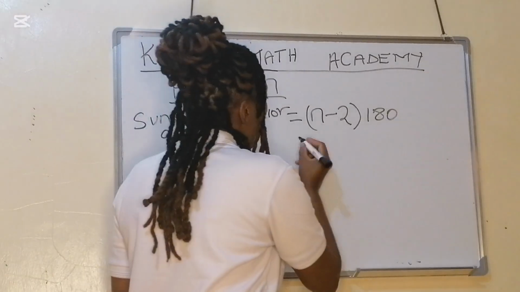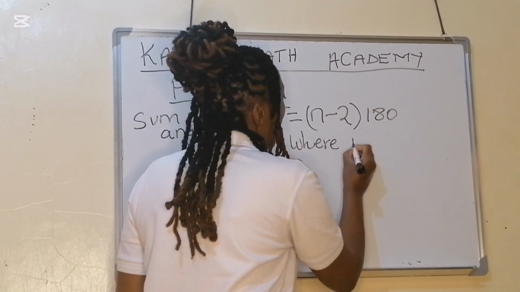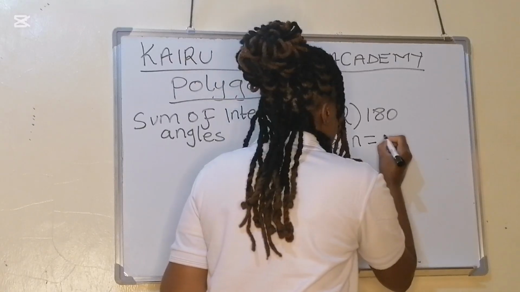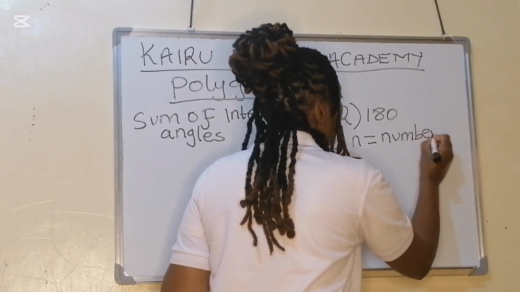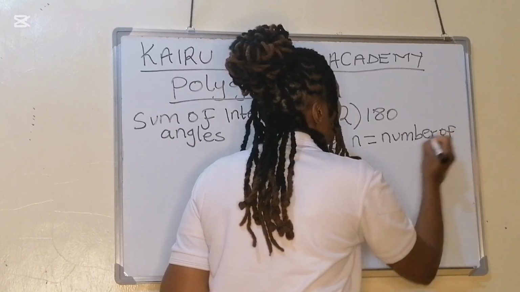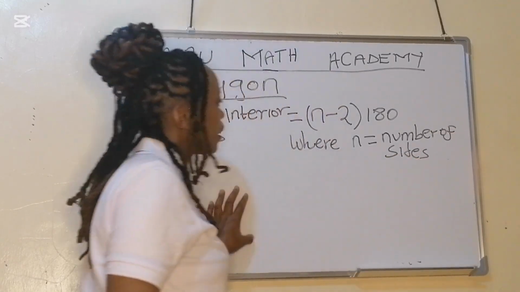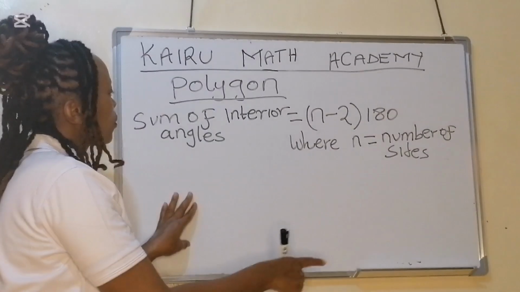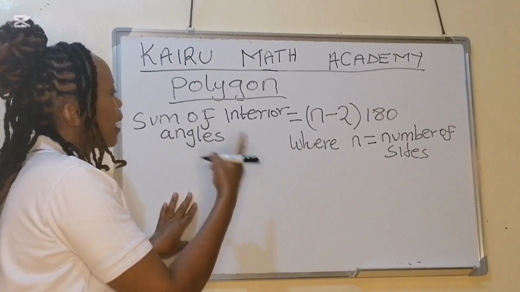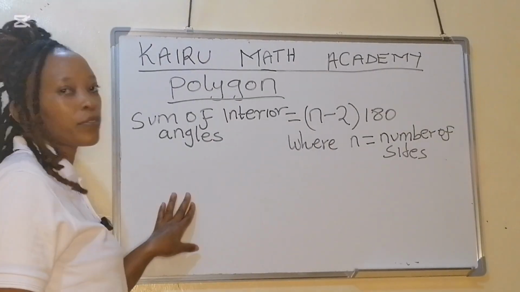And here, where n is number of sides. Okay? So before you tackle any question on polygon, write this formula. Sum of interior angles, n minus 2 times 180. And I have told you n is number of sides.